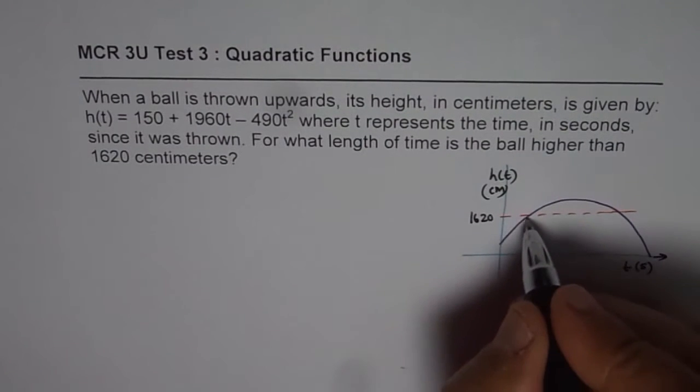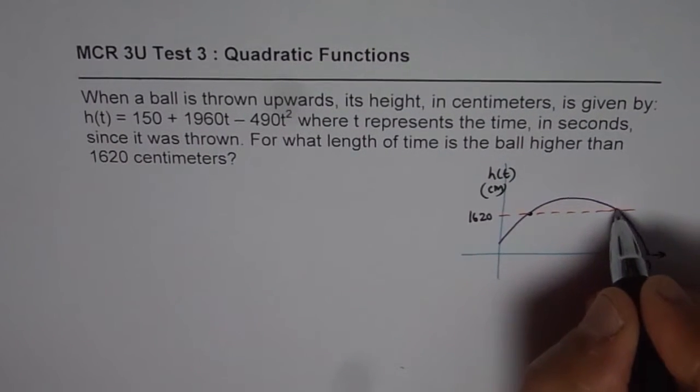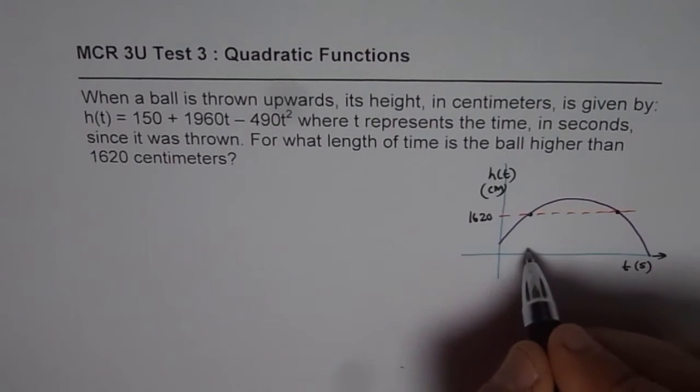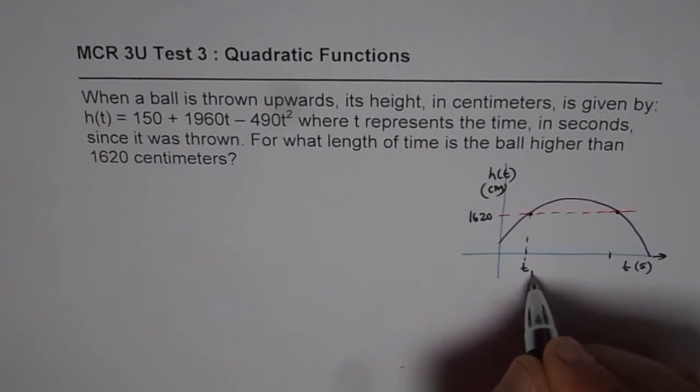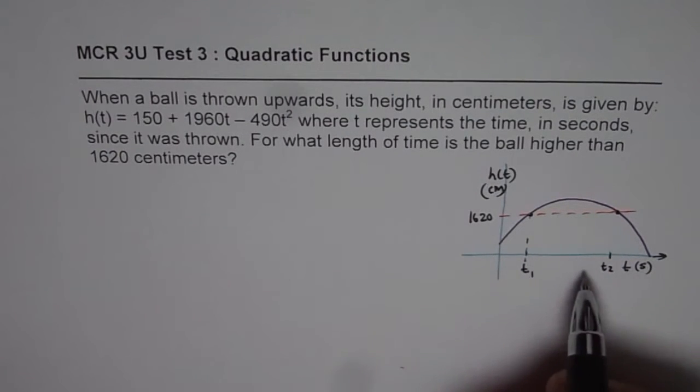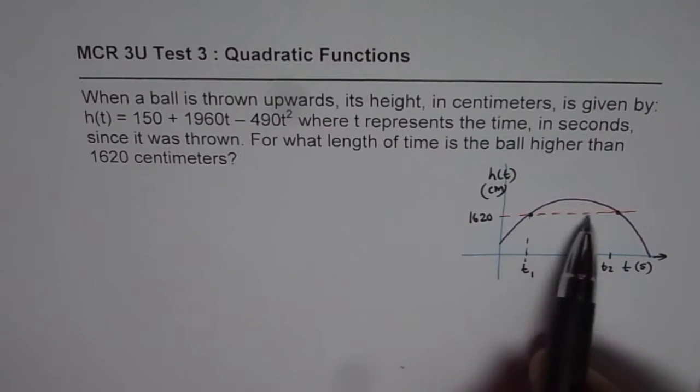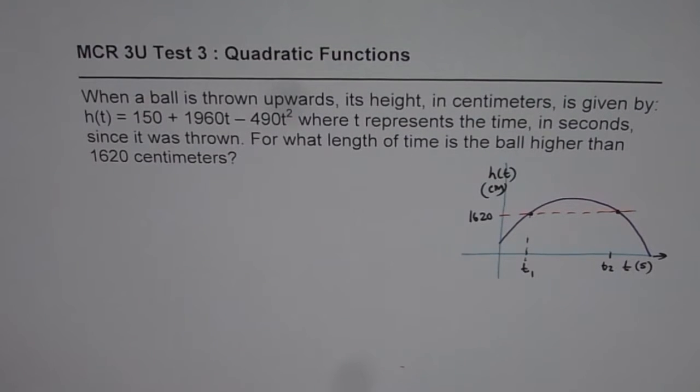We need to find these 2 points where the height is 1620. Once we find these 2 times, let us say t1 and t2, then we know that from this time to that time the ball is higher than 1620. That is the strategy we are going to work with.